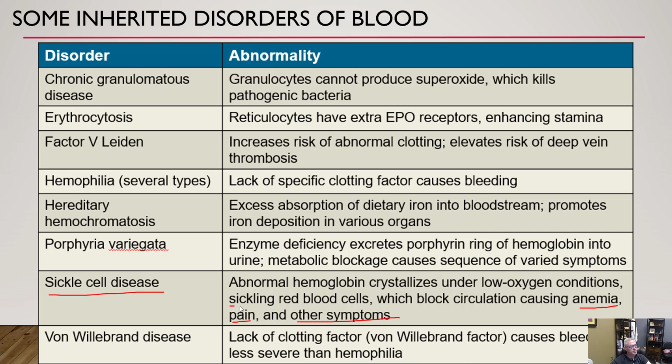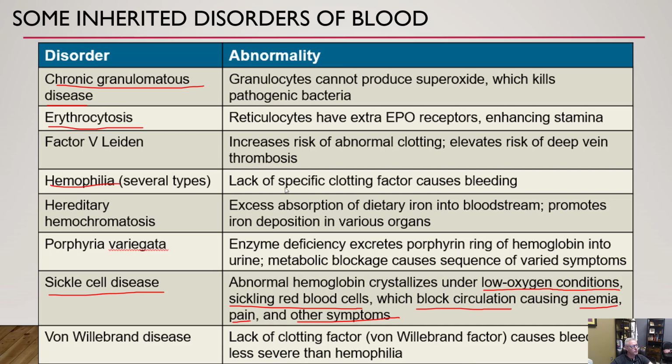So you have your sickling red blood cells, and that's going to block circulation, which is going to make your cyanosis and your low oxygen even more profound. But here you can see some different erythrocytosis or chronic granulomatosis diseases.